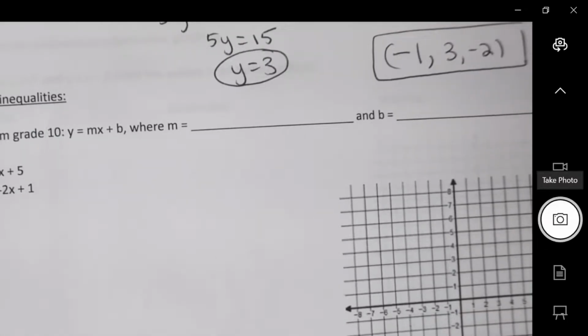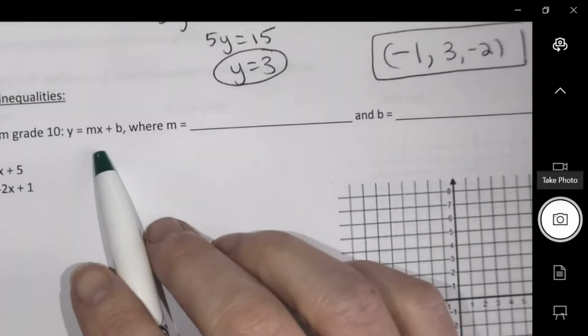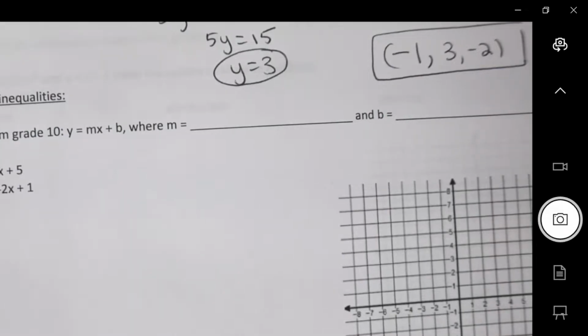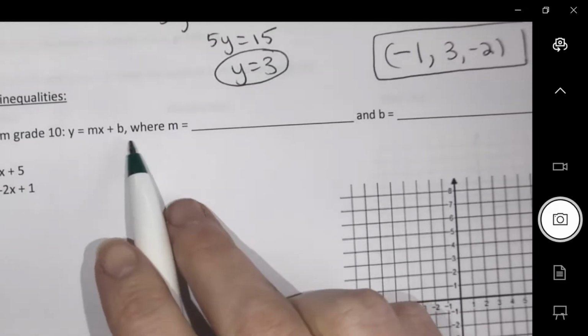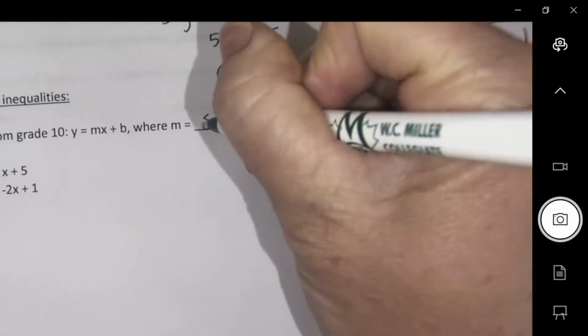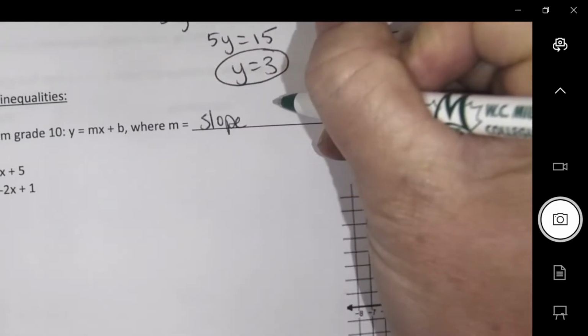Okay, so didn't we already talk about this yesterday? Graphing from grade 10, where we did y = mx + b. Do you remember from grade 10? This m is the what again? The slope, which is the what over the what?